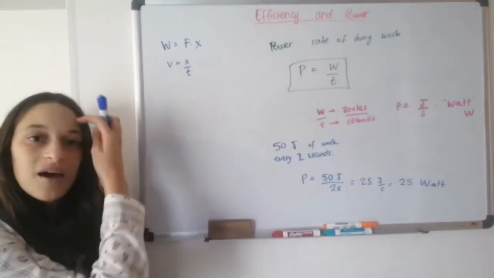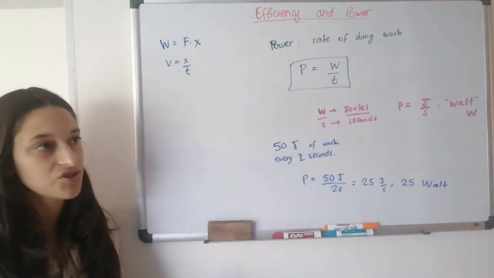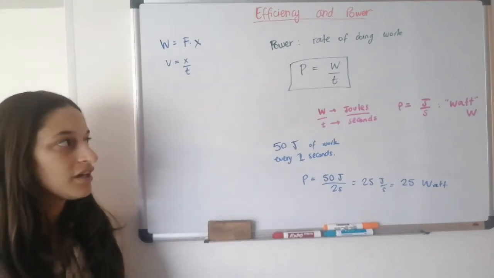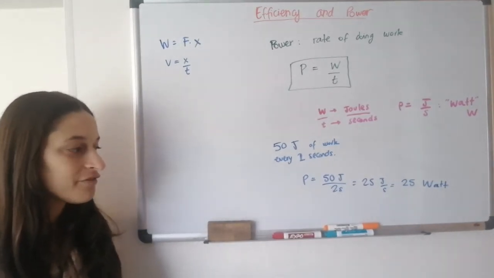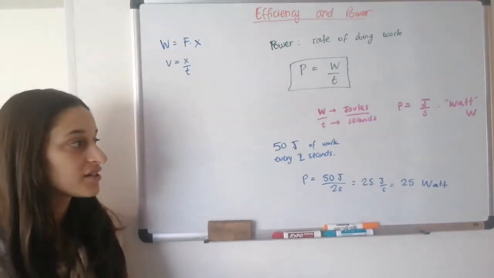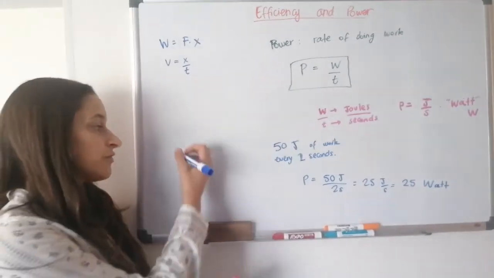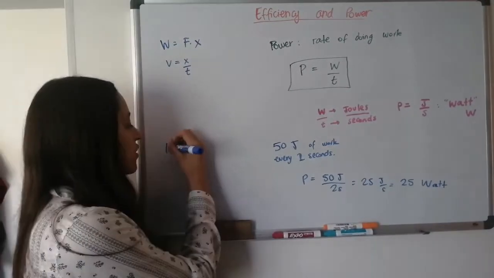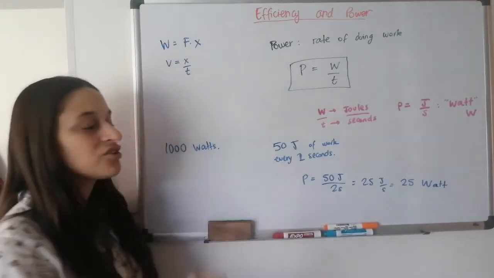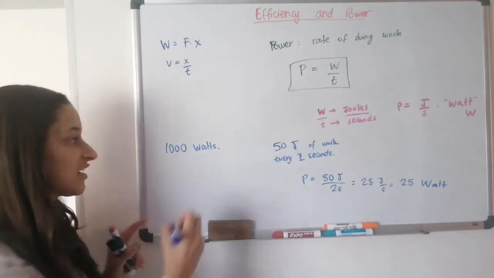So that's a basic example of how to use this equation, and like with the efficiency equation, you can also turn it around to solve for something else. Say your hair dryer says that it has a power of 1,000 watts. How much energy, or how much work, will it produce in 5 seconds?